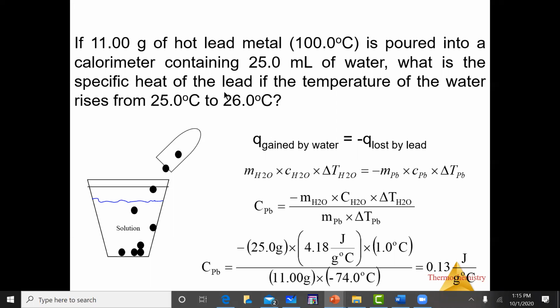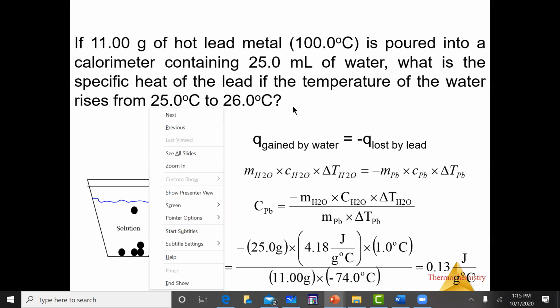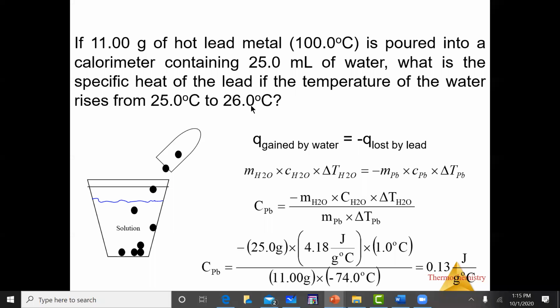So when doing this problem, you have more information about the water than you do about the metal, the lead. We're trying to figure out the specific heat of the metal.